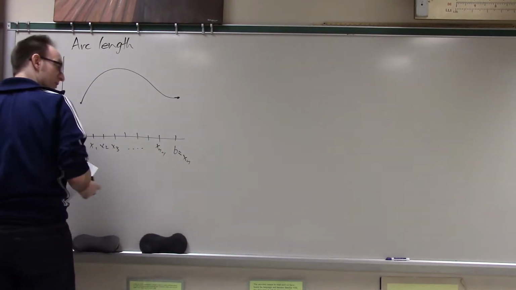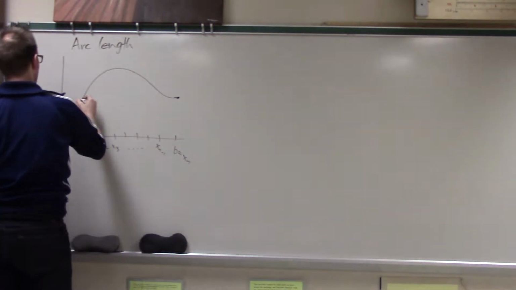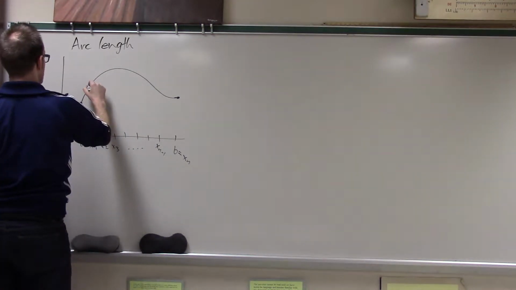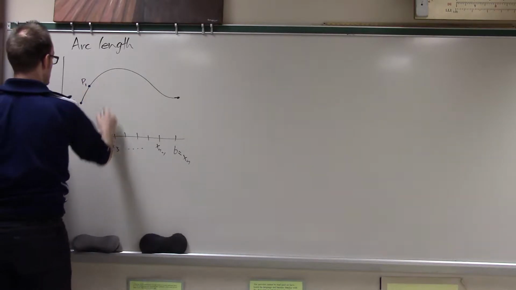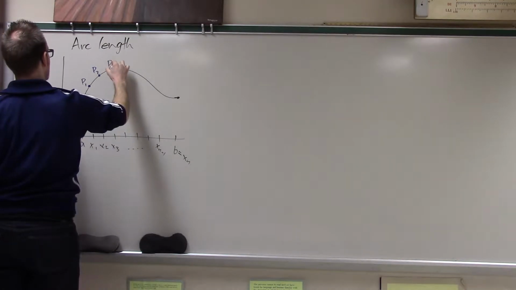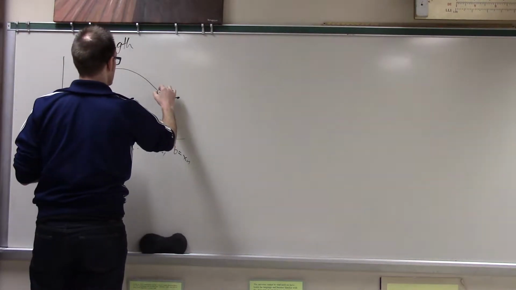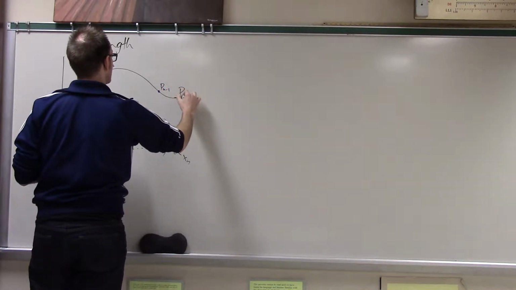We go up to these various points, and maybe we call this P0, P1, P2, P3, etc., and the second to last one, Pn minus 1, and we call this one Pn.